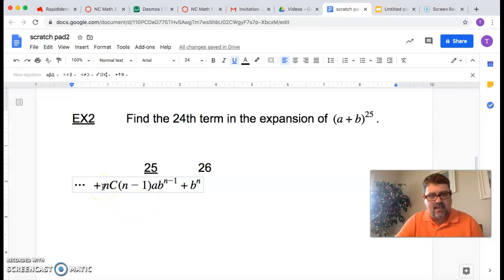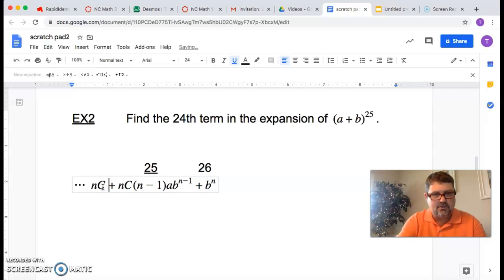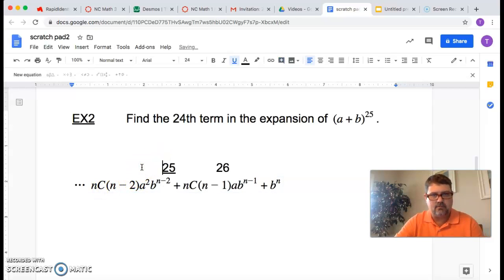So what I really would have here would be n choose n minus 2, backing it up one, a to the 2, b to the n minus 2. And that would become my 24th term, right? That's the 24th term right there. So, like I said, starting at one end and backing your way up might be a better way.